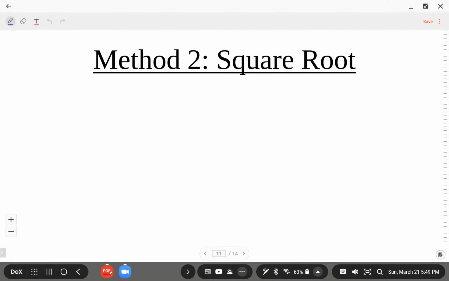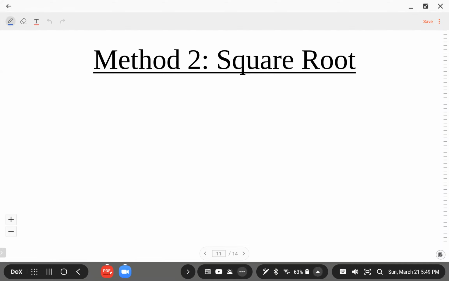Moving on. Our second method is much easier. However, you can only do this when we are solving for a binomial. It's kind of hard to use square roots when we're solving with trinomials, the standard form of quadratics. Then you'll probably have to use factoring or the quadratic formula.